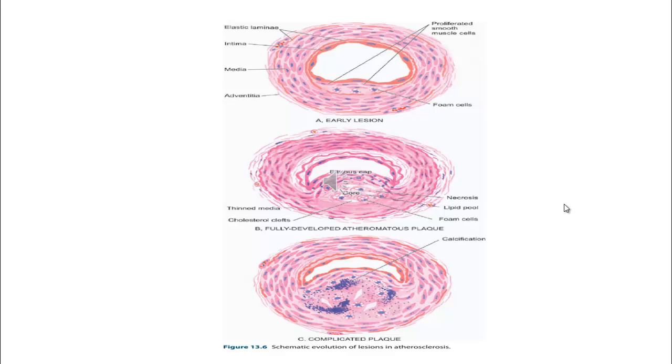Then in the advanced lesion, there is a central core composed of intracellular and extracellular lipids. It has different cellular components including the lymphocytes and the macrophages along with the smooth muscle cells, and it contains the extracellular matrix. And when there is a complicated plaque, there may be hemorrhage in this plaque, and there may be calcification in this plaque.